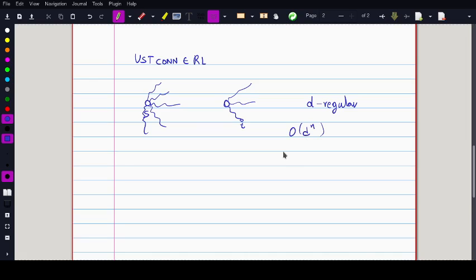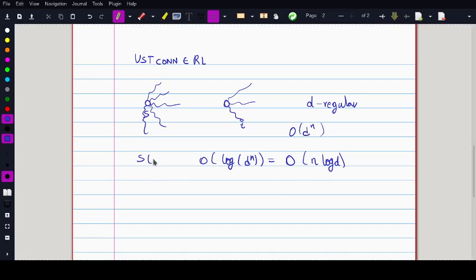You would need to enumerate all of those, and enumerating all of them would take logarithm times complexity. So finally, this would not be the time, this would be the space actually. The space complexity would be order log of d raised to the power n, which is order n. So this is not logarithmic in n, it's polynomial in input size, which is not good. So yeah, that's the idea.